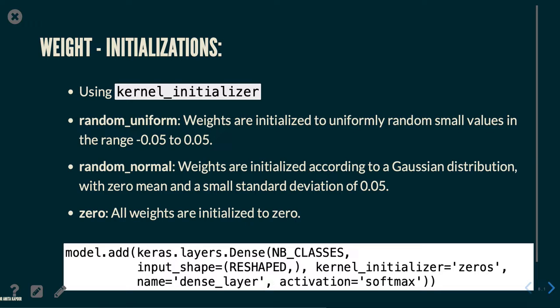Here I've mentioned three commonly used kernel initializers: the random uniform, which initializes the weights to small uniform random values in the range of minus 0.05 to plus 0.05. Then we have random normal initialization, where the weights are initialized as per a Gaussian distribution with zero mean and a standard deviation of 0.05. Then we can also initialize all the weights to 0 by setting the kernel initializer parameter to zeros.